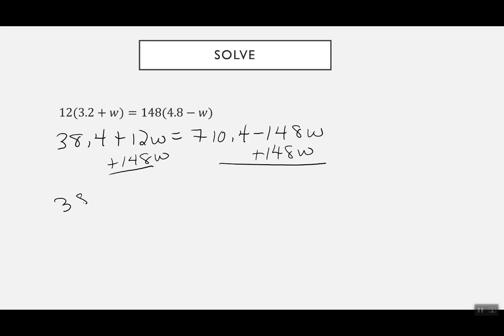So I still have the 38.4. And then when you add 148 and 12, you're going to get 160. It's still w. And I have the 710.4 still on the right. So let's move that 38.4 by subtracting it.